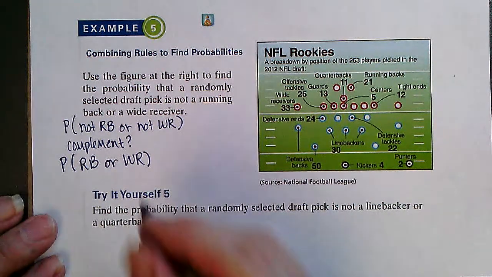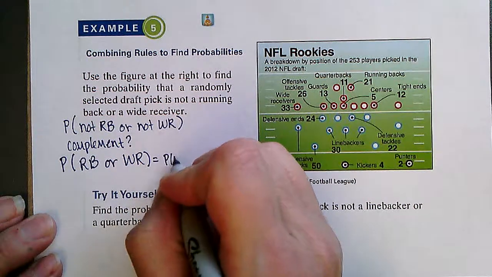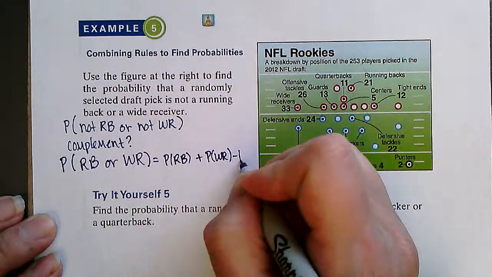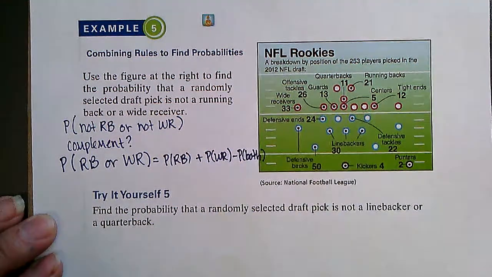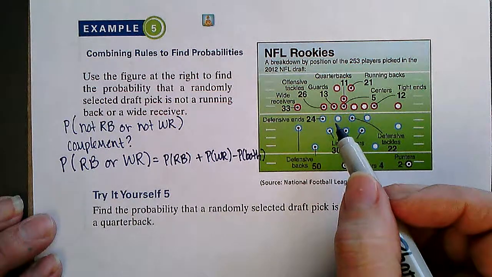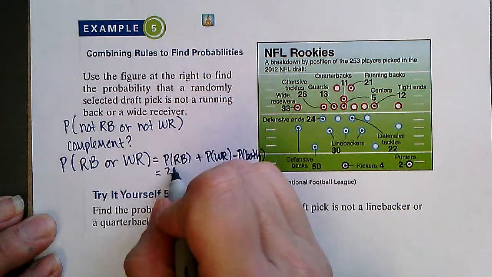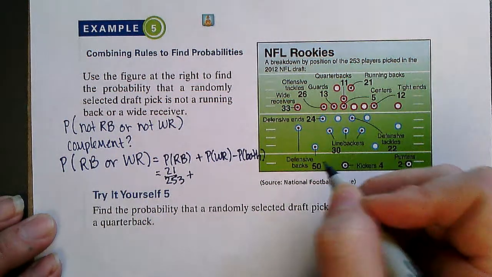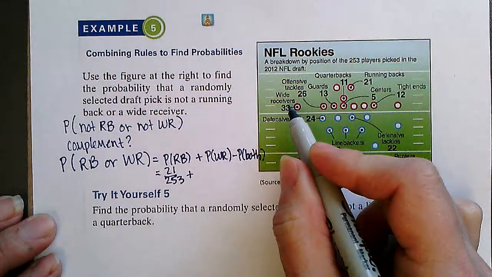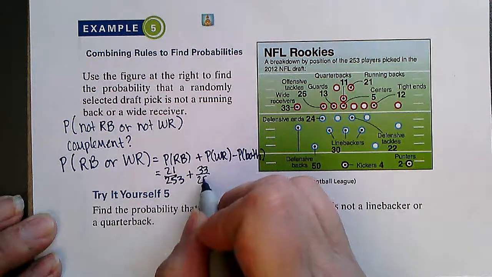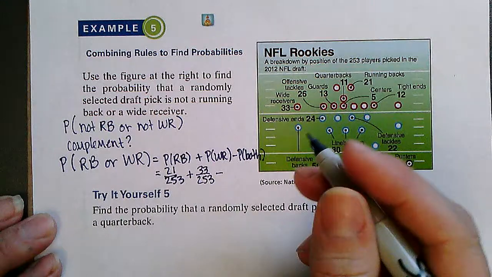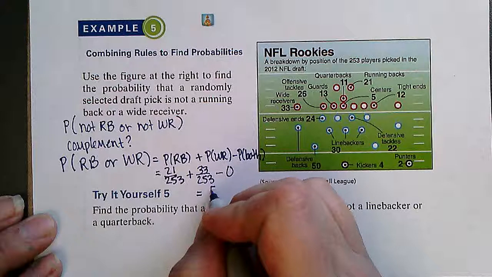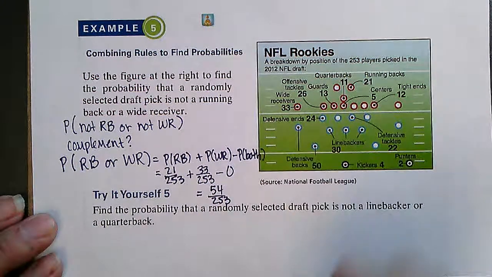And that's a much easier probability to calculate, because this would be the probability of being a running back plus the probability of being a wide receiver minus the probability of being both. The probability of being a running back is 21 out of 253. The probability of being a wide receiver is 33 out of 253. The probability of being both in this case is 0. So that is going to be 54 out of 253.